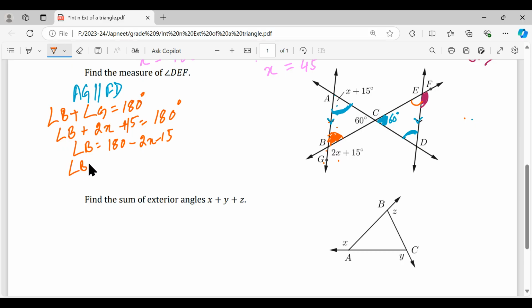So angle B is nothing but 180, let's subtract this, 165 degrees minus 2x. So angle B is also 165 minus 2x.